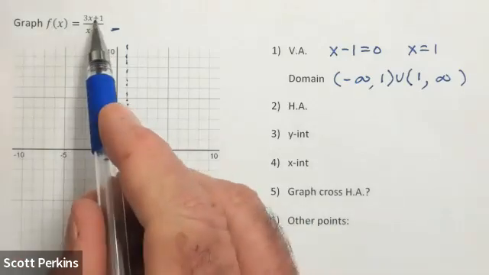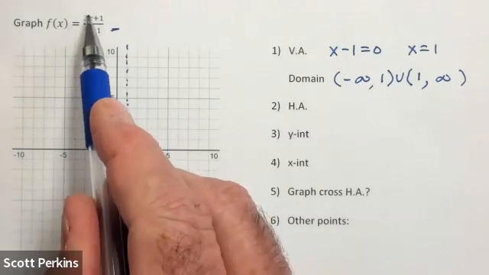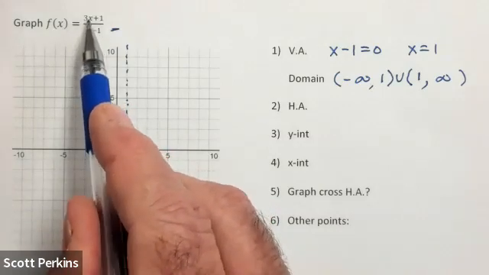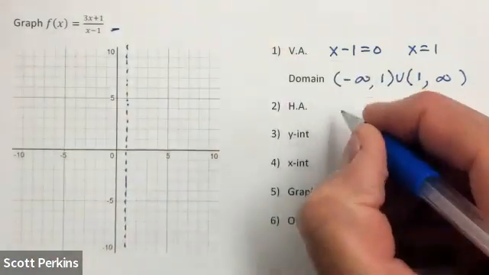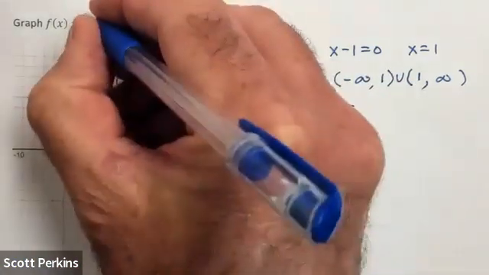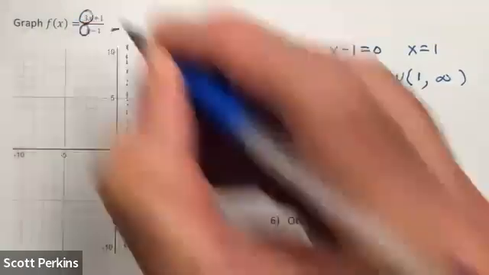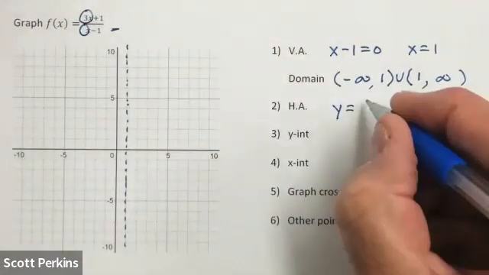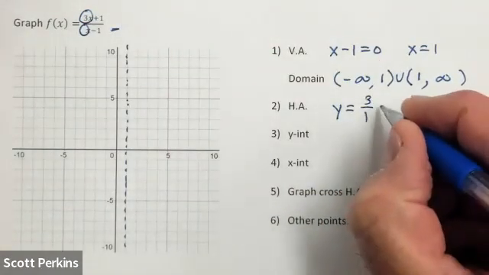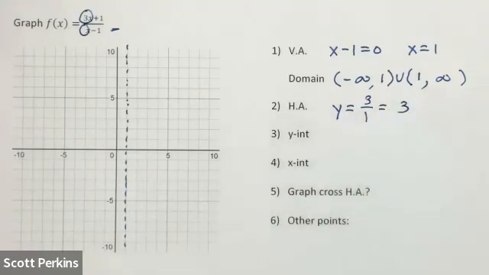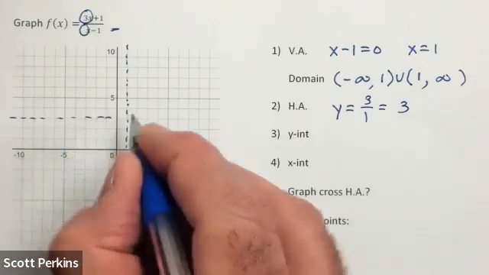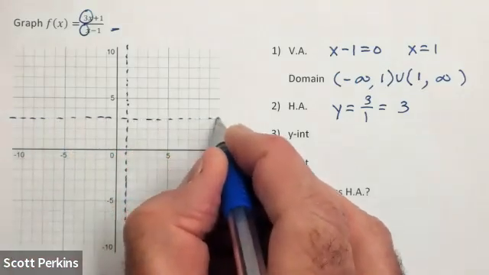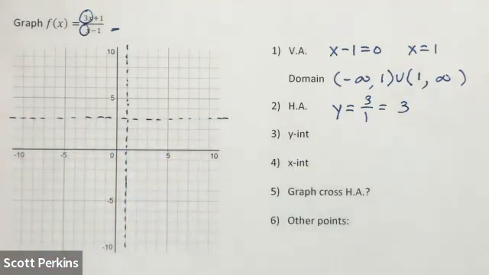The situation we have is that the degree, meaning the highest power on the x of my numerator and denominator, is the same, at which point my horizontal asymptote is going to be the ratio of the coefficients in front of those terms. So 3 over 1, and that is the y value 3. So I will go ahead and make my horizontal asymptote. That's my reminder of how the graph is going to behave.